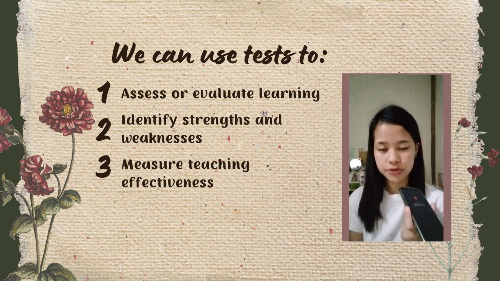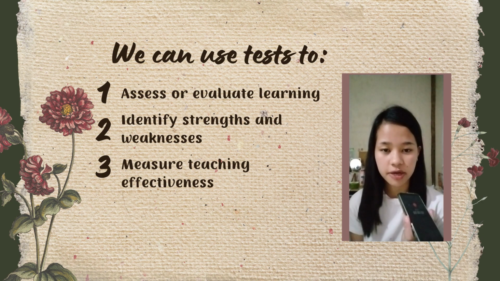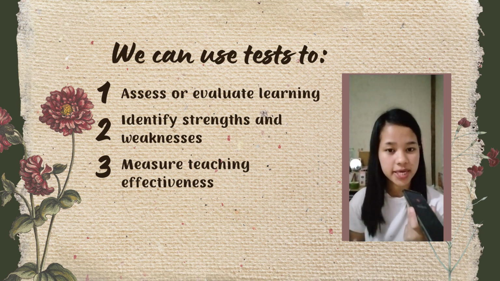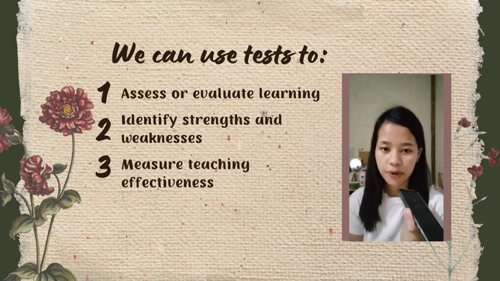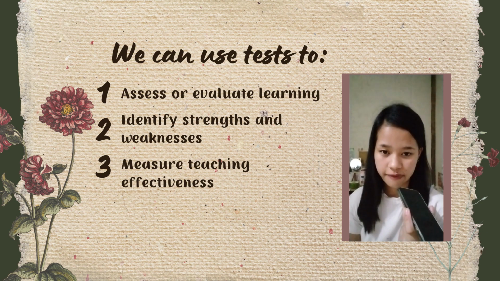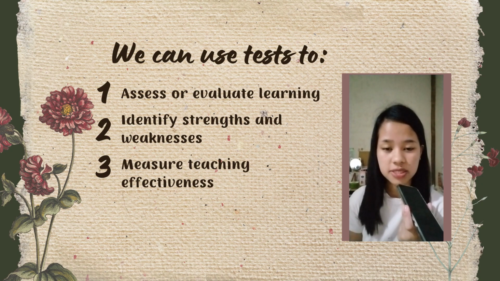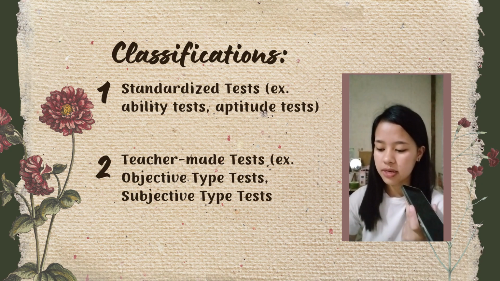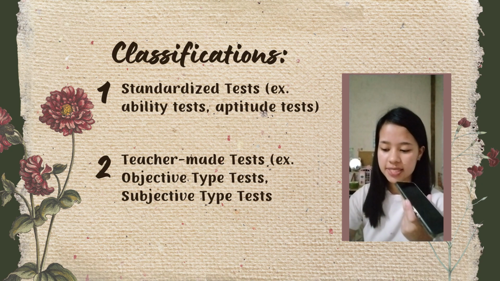So in order for us to move on to the basics of educational assessment, we must first familiarize ourselves with a few key concepts. When it comes to tests, we can use them to assess or evaluate learning, identify strengths and weaknesses, and to measure teaching effectiveness. There are two types of tests.